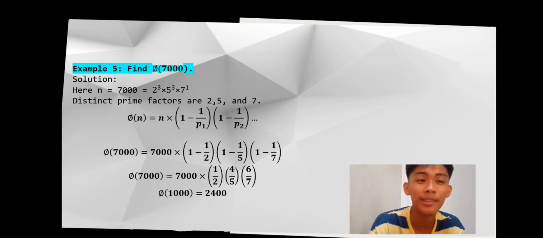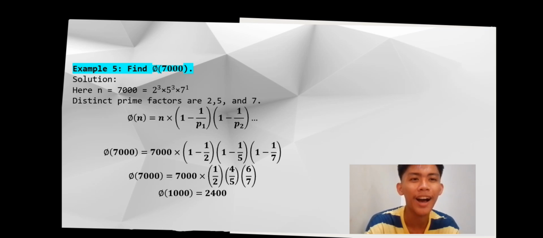So now let's substitute them to the formula. Phi of 7,000 is equal to 7,000 times the quantity of 1 minus 1/2 times the quantity of 1 minus 1/5 times the quantity of 1 minus 1/7. If we subtract, 1 minus 1/2 is 1/2, 1 minus 1/5 is 4/5, and 1 minus 1/7 is 6/7.